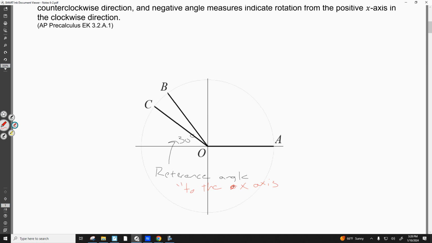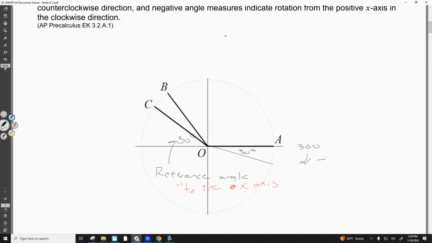I would say it's 30 degrees away from 360. I would go all the way around, but I would stop 30 degrees away from 360. So I would say that 330 has a terminal ray here. The terminal ray is 30 degrees less than 360.